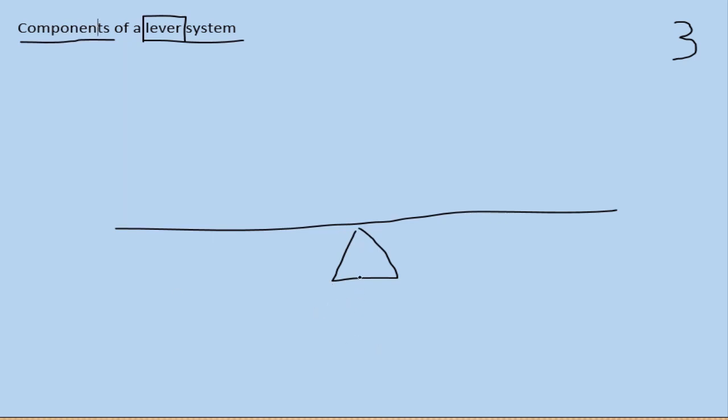What we have in the middle of the bar along the middle is something called the fulcrum, which is just a fancy term for a pivot. It's the thing that the top of the seesaw balances on, and we have things on either end.